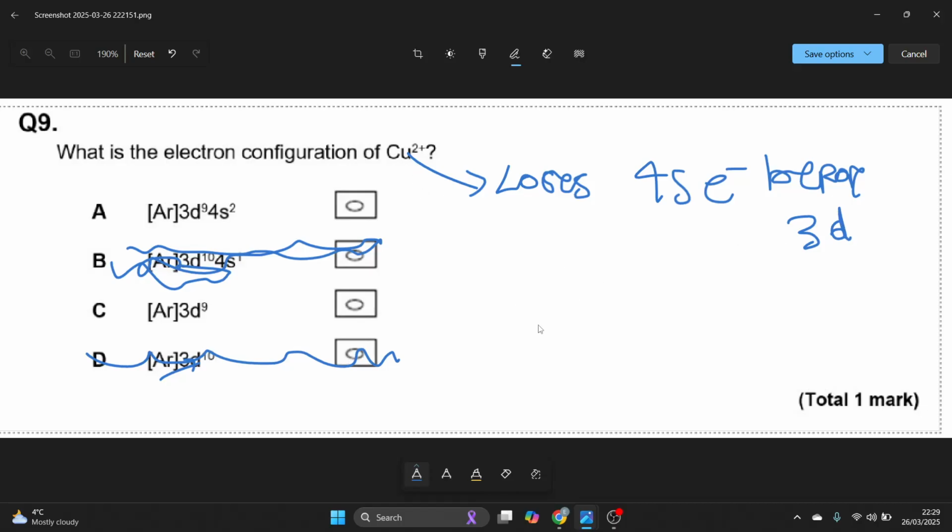So draw the electron configuration of copper, or if you memorize it beforehand, which you probably should have, and then you can just minus 2 and you should get [Ar] 3D9, using the electron configuration of argon.